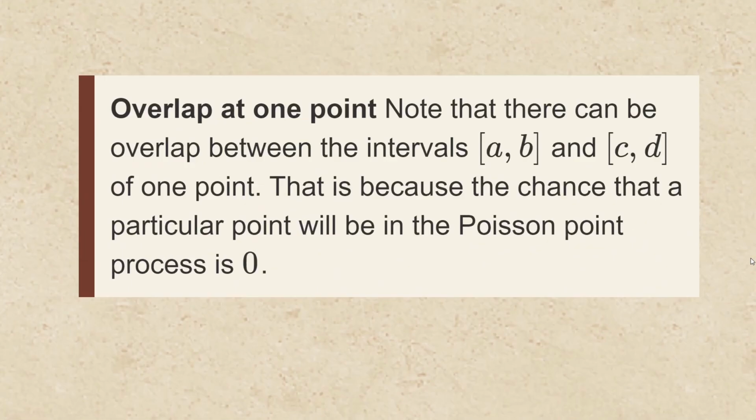And again, note that there can be overlap between the intervals from A to B and C to D at one point. That is because the chance that a particular point will be in the Poisson point process is 0.